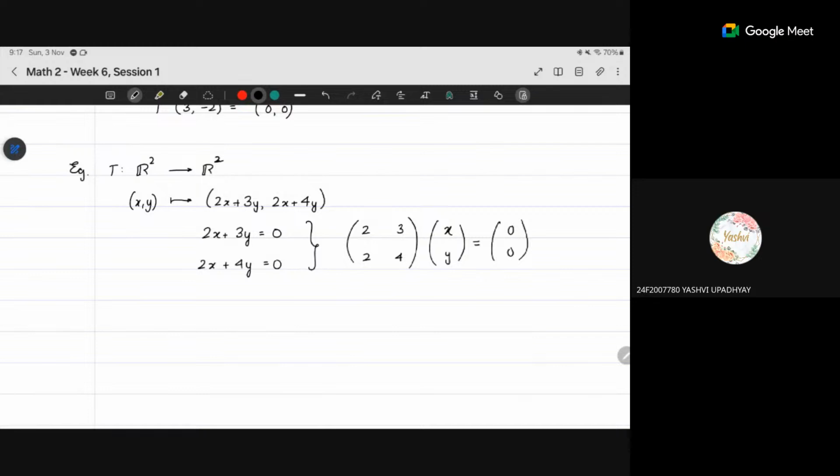Somehow injectivity also comes down to solving a system of linear equations. And in this case, the determinant is non-zero, so the only solution is the zero solution. Do you see how all of these things are coming together?